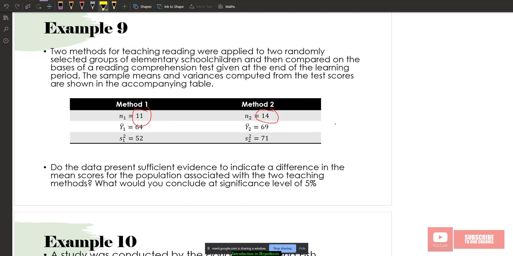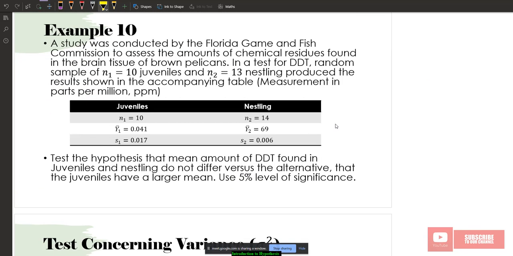So we need to test for the variance equality, using our knowledge on chapter number 2, and then we construct a 95% hypothesis testing using T distribution, right?